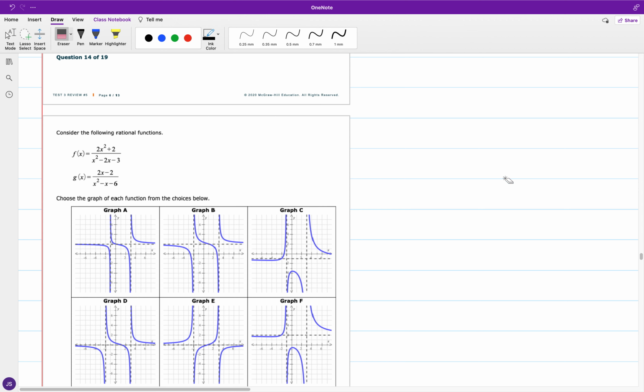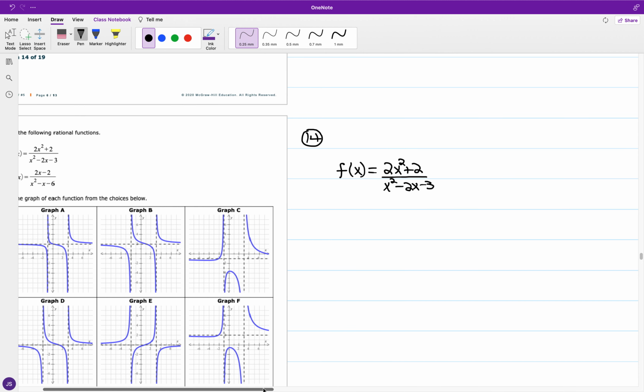And now in the case of number 14, we have another set of rational functions, and these will have a little different dynamic to them. For f of x, we have for this particular rational function, 2x squared plus 2, all over x squared minus 2x minus 3.